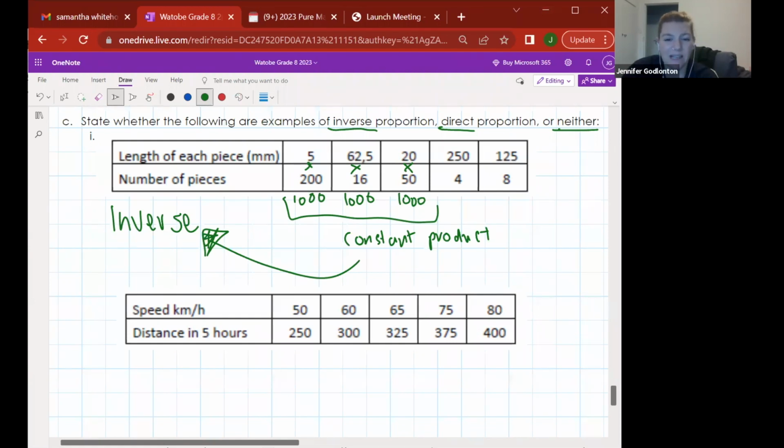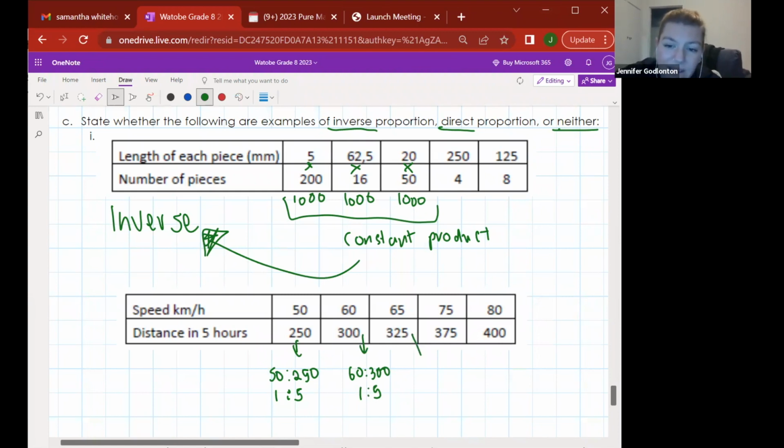Okay, so we've got lots of people saying direct. So let's check. If it's direct, it means we should get a constant ratio. So if I have 50 to 250, I can simplify that down to 1 to 5. Look at our next one. If I have 60 to 300, I can simplify that down to 1 to 5.